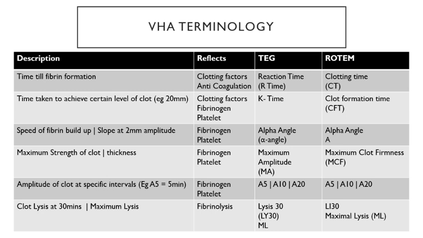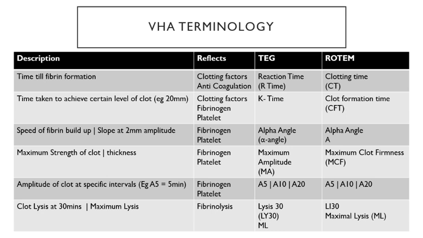Lastly, clot lysis is reported as LY30 in TEG and LI30, or lysis index at 30 minutes, or maximal lysis in ROTEM. These are measured percentages of loss of amplitude at a fixed time after maximal amplitude. Clot lysis reflects the activity of the fibrinolytic system.